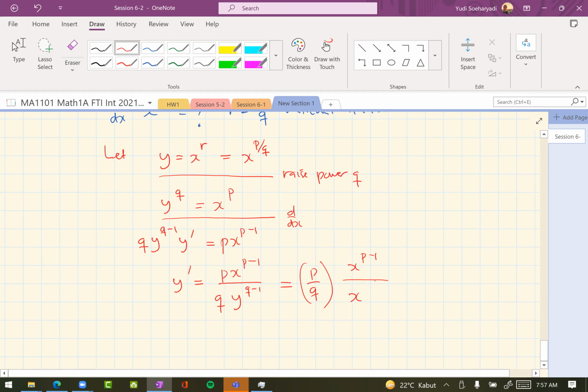So this is x to the p over q power q minus 1.